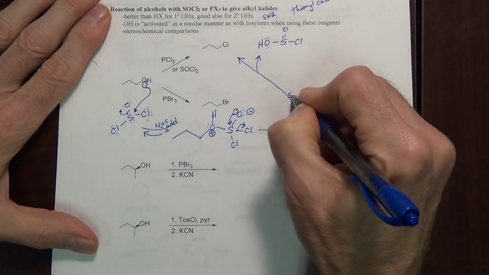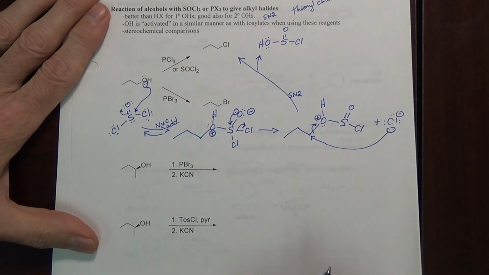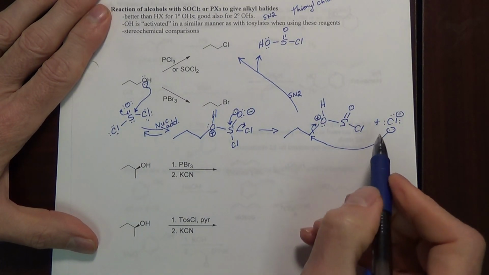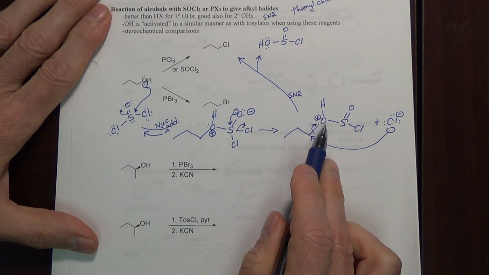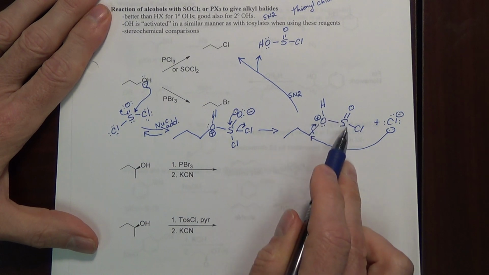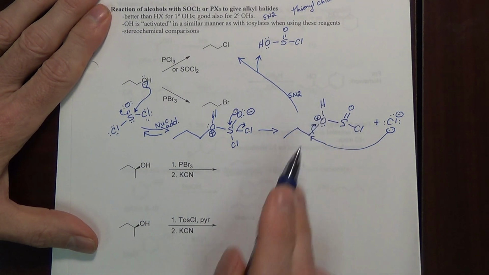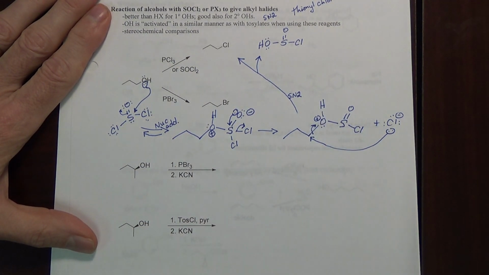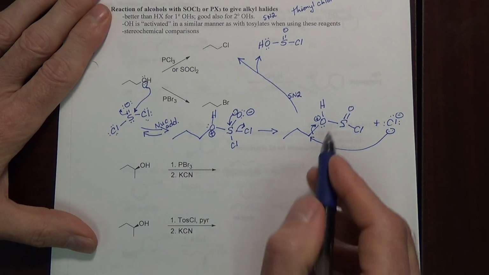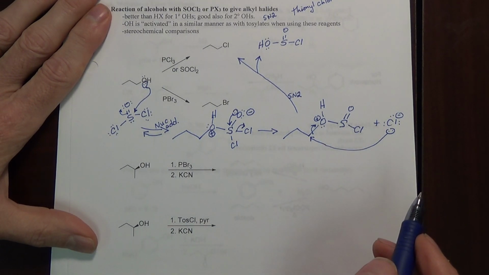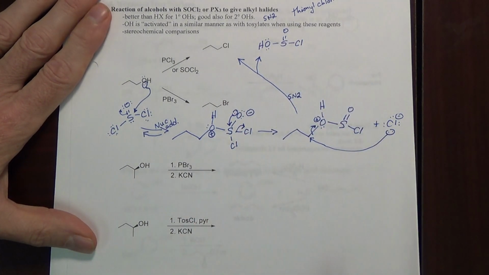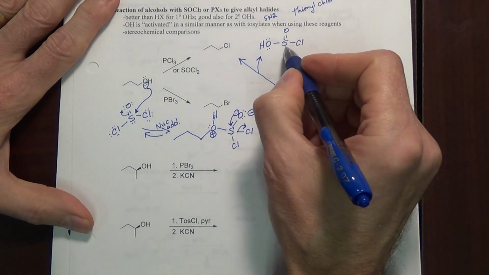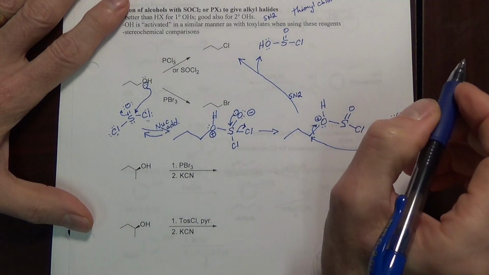And right here is your SN2 backside attack, and this oxygen is sort of activated, sort of like a tosylate. It's also protonated. It's a good leaving group there. Now, this byproduct breaks down.